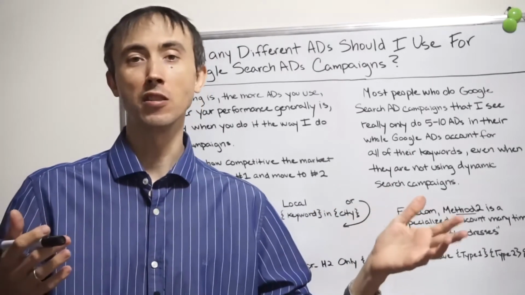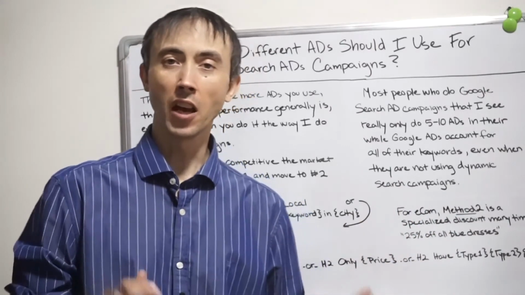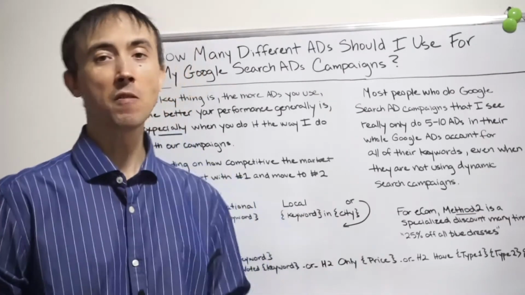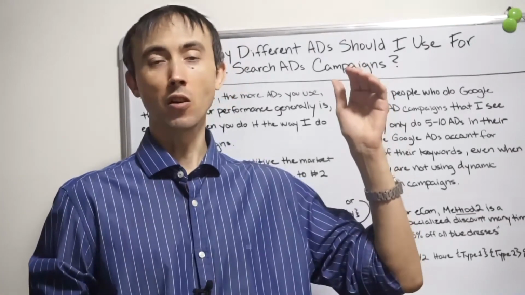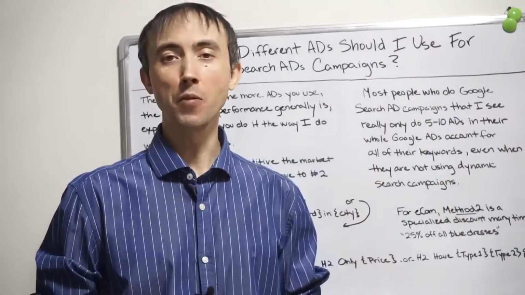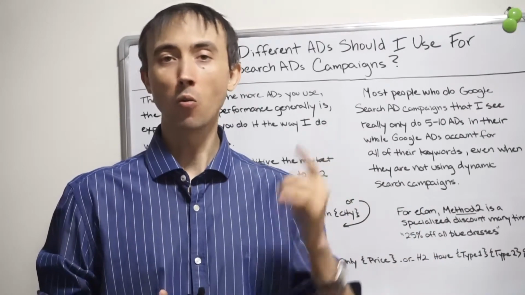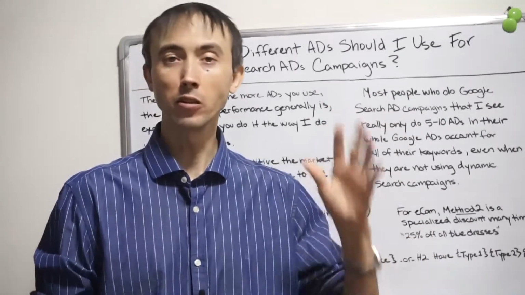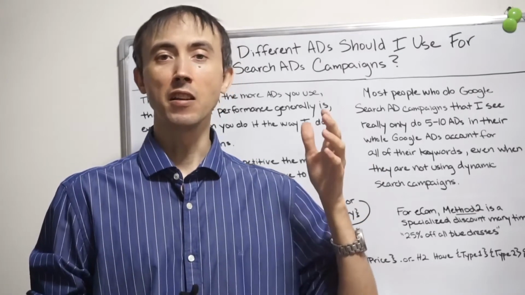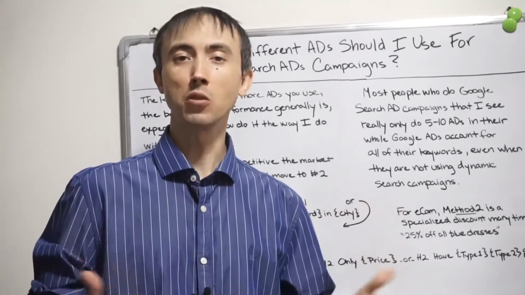You don't have hundreds of different unique ads like crazy old me is going to do on a campaign that I set up. And if you don't know the significance of that, just by increasing the click-through rate of all your search campaign ads by 2x, basically doubling the click-through rate, your cost per click will generally roughly cut in half or maybe a little bit less than half due to Google's quality score system.